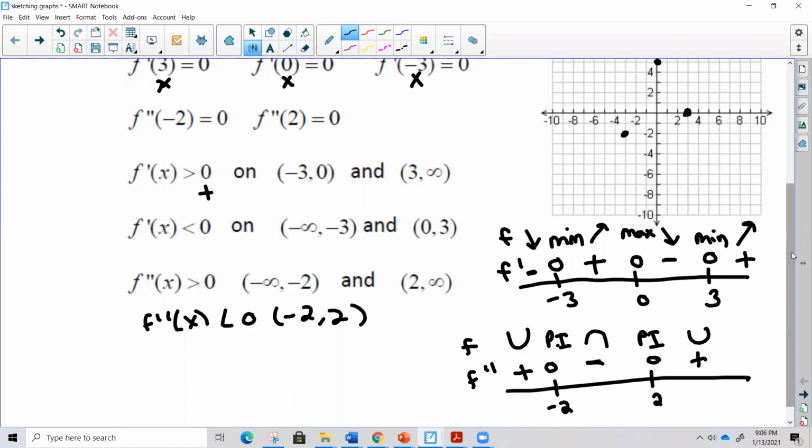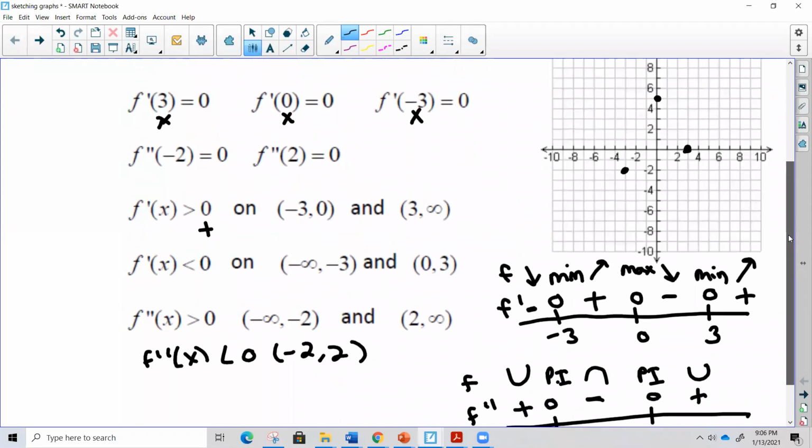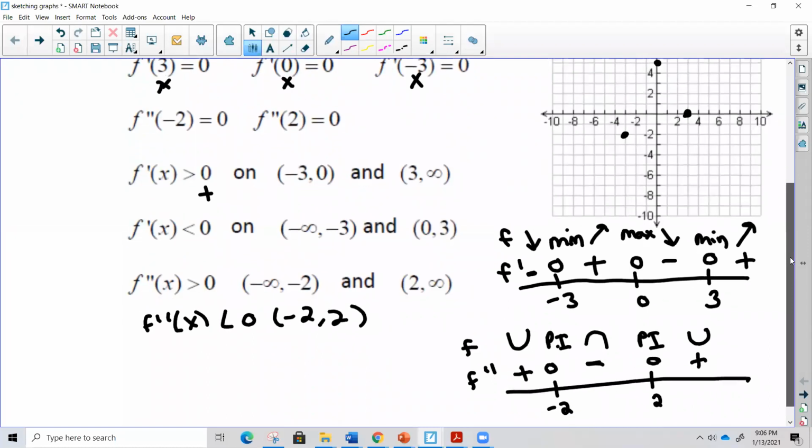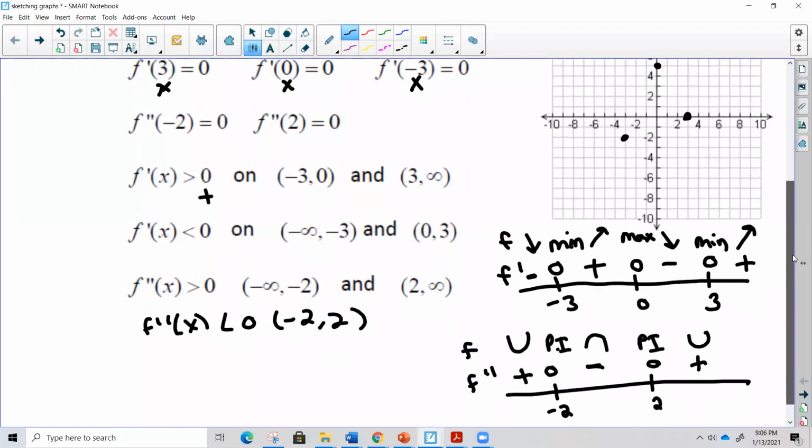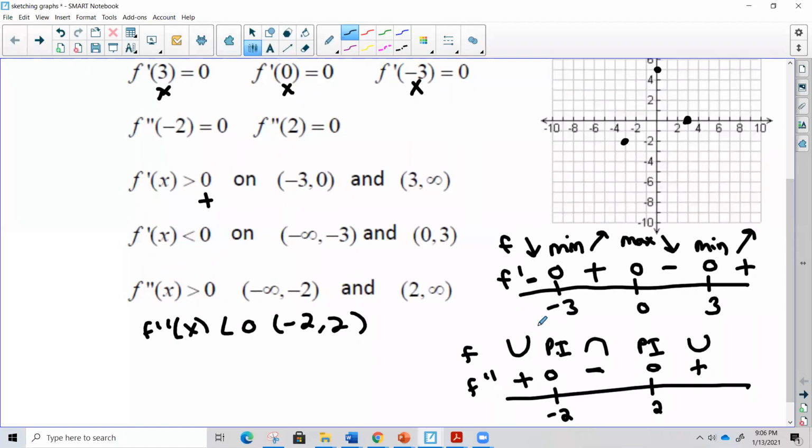So using this information, I am going to sketch a graph of this function. So I need to make sure up until I get to -3, my function is decreasing and concave up. And then at -3, I'm going to start increasing, but I'm not going to change concavity until I get to -2.